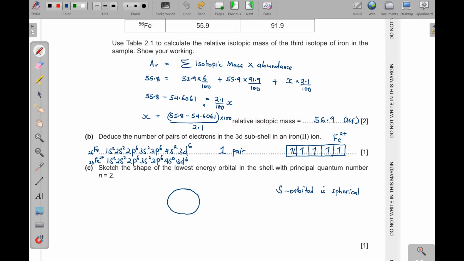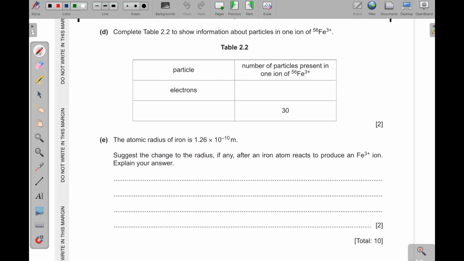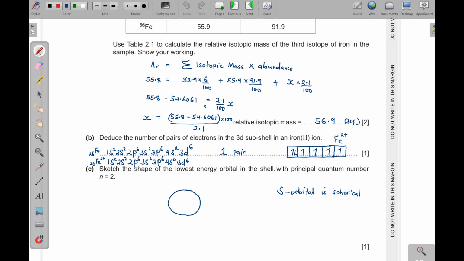So we shall have only 1 here, 1 here, 1 here, 1 here, and 1 there. Now, going back to electrons, how many were they? You can check here. These ones are 18. 18 plus 6.